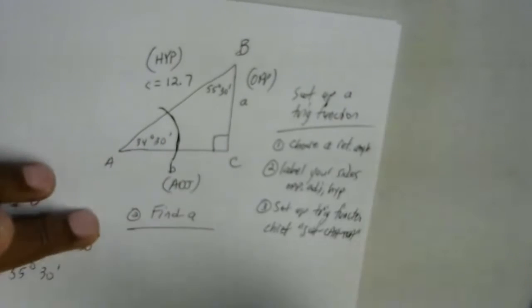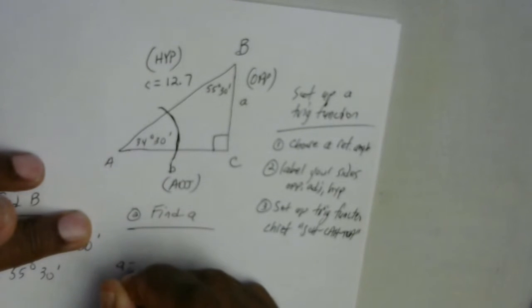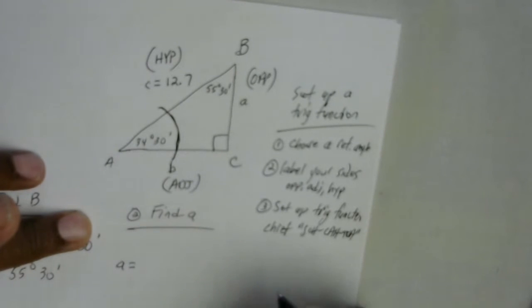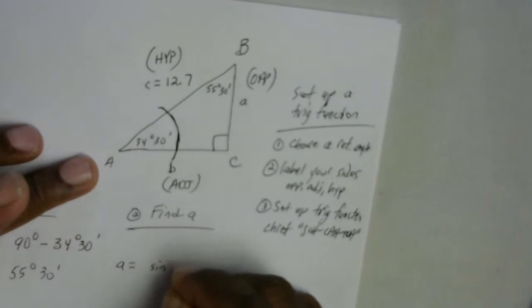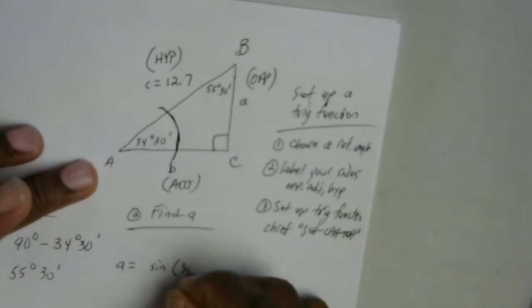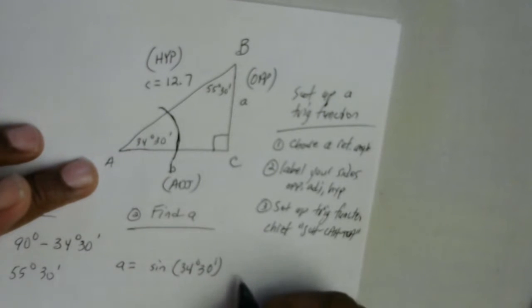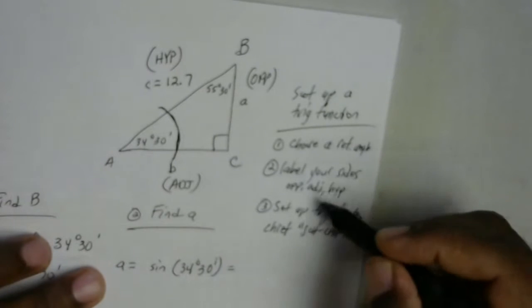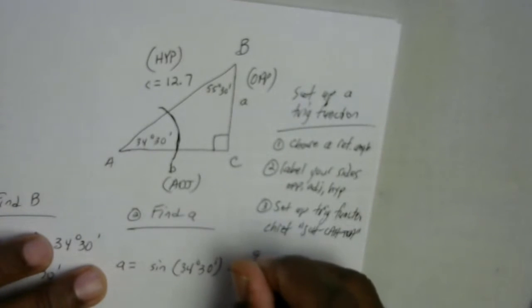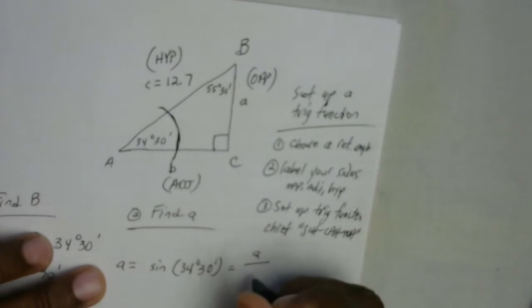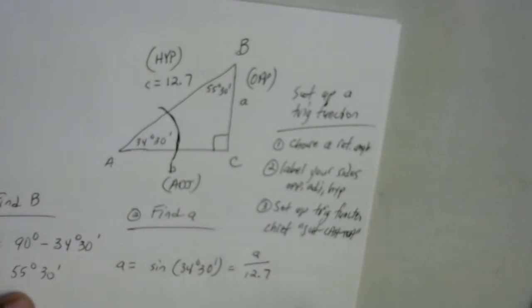So I'm going to set this up as the sine of 34 degrees, 30 minutes is equal to my opposite, which is side length A, over my hypotenuse, which is 12.7.